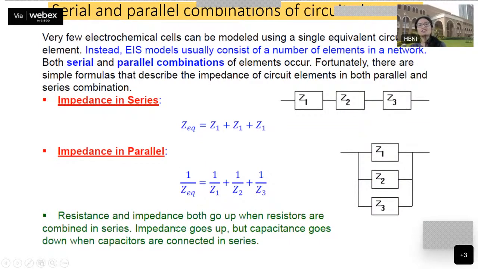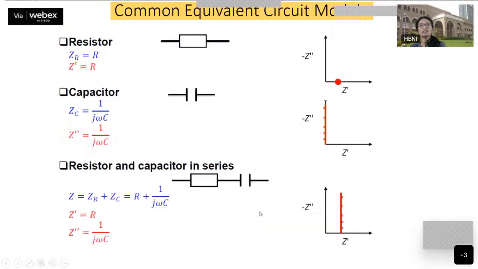So resistance and impedance both go up when resistors are combined in series, whereas when you are connecting them in parallel, sorry, this I have mentioned as series, but it should be parallel. So the impedance will go up, but the capacitance will go down when capacitors are connected in series. So they are connected in parallel.